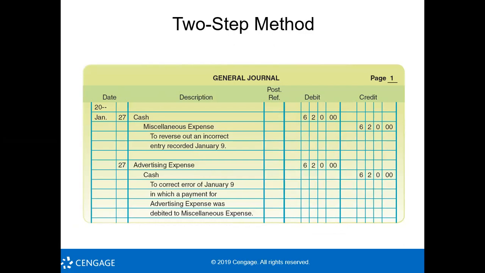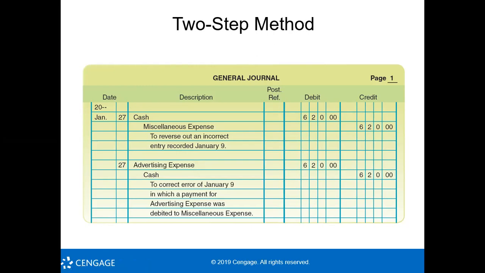When we do the reversing entry, we're reversing it out, right? We're debiting cash, crediting miscellaneous expense. So we're reversing the incorrect entry. We're backing it out, if you will. And then we're putting it in the correct expense. So debit to advertising expense, credit to cash.